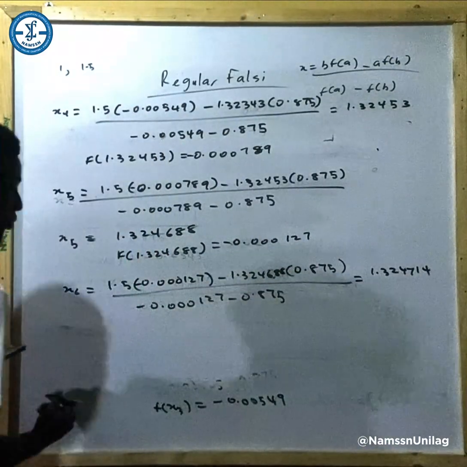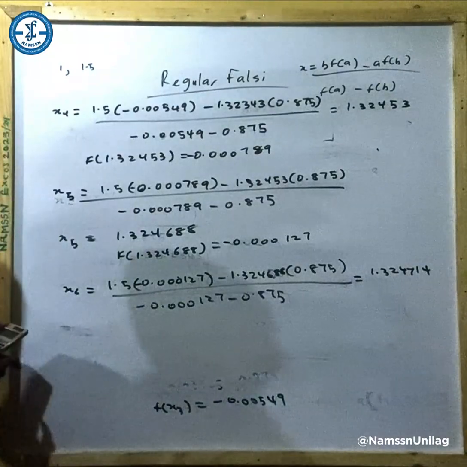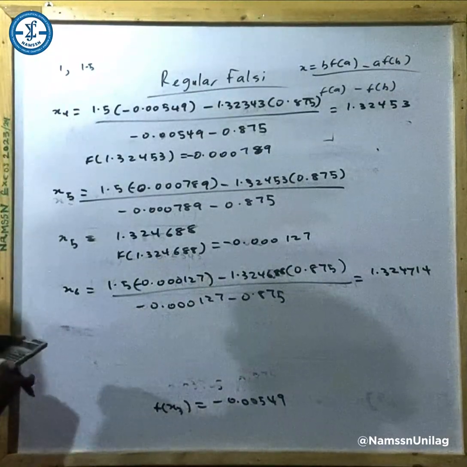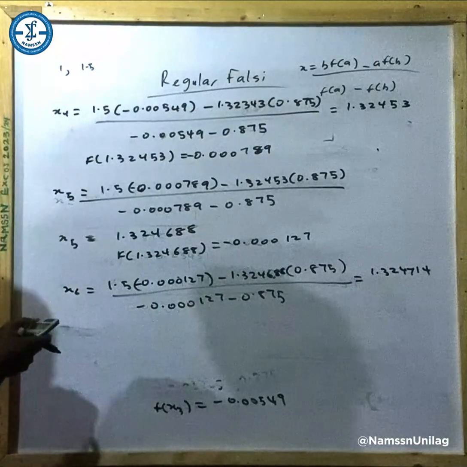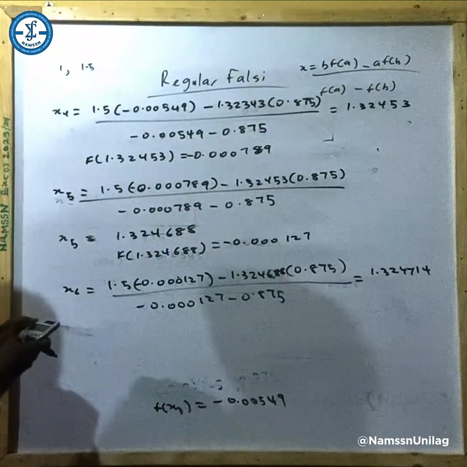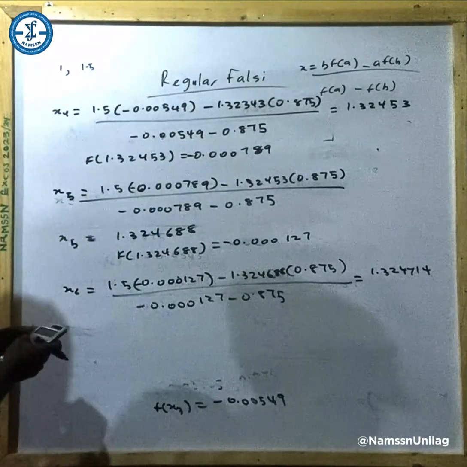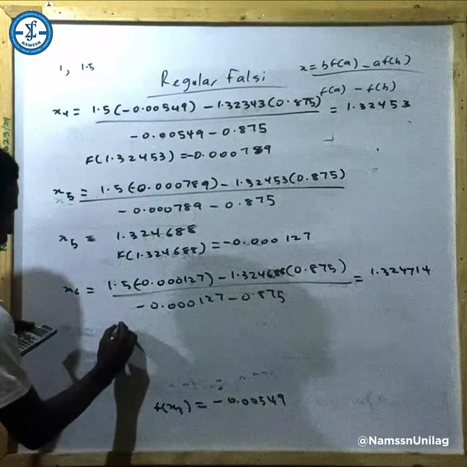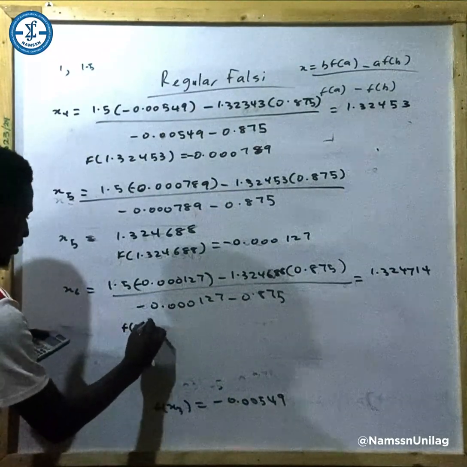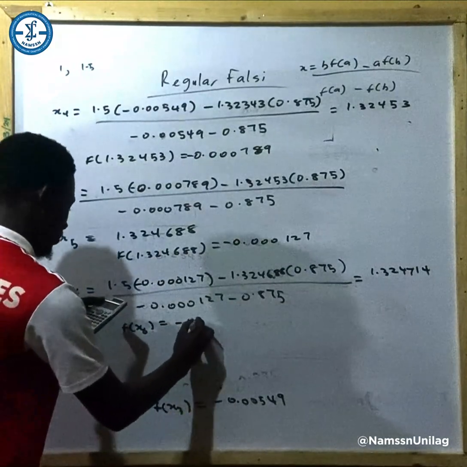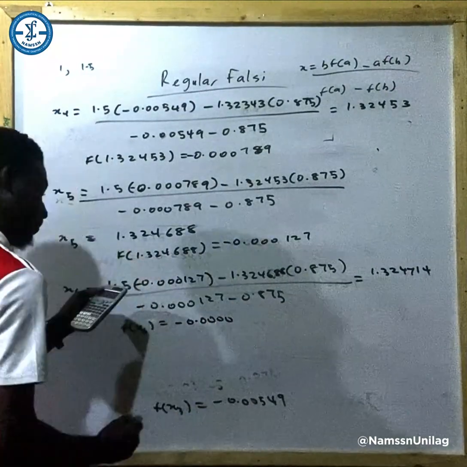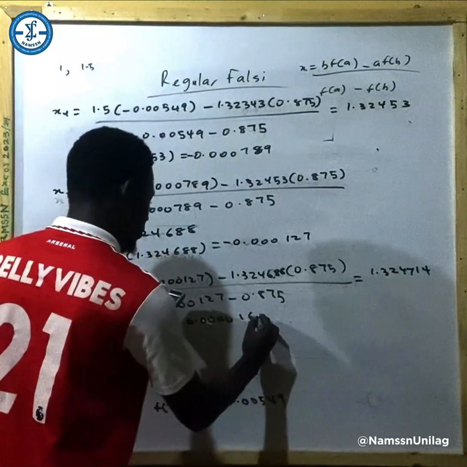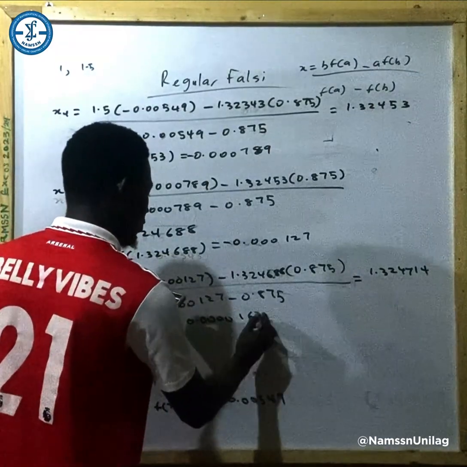I can do my iteration again, but let's check if it's negative or positive and get the value. So f of x6 is actually minus 0.000163.